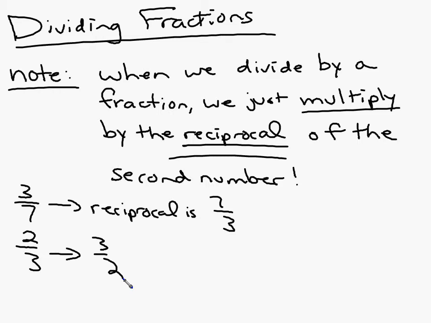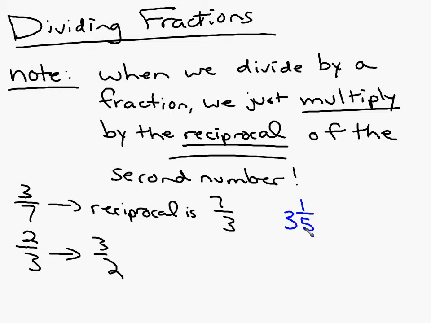Now, where it gets more complicated is when we have a mixed number. What would the reciprocal of a mixed number be? Like 3 1/5. What would the reciprocal of that be?